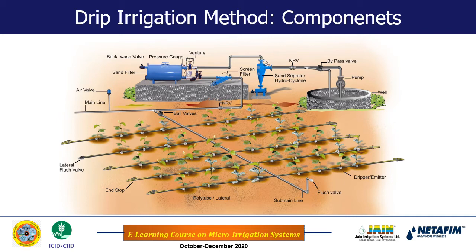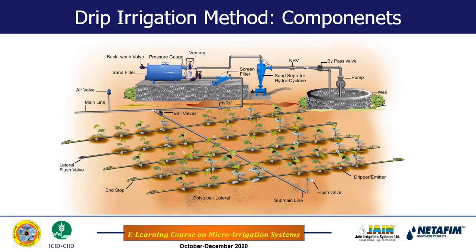When water comes to the dripper, it falls onto the soil surface and directly enters the root zone. So in this case we are applying water from the water source directly into the root zone. As you see, the pump, different kinds of filters, fertigation unit, pipe network, and emitters are the important components of the drip irrigation system.